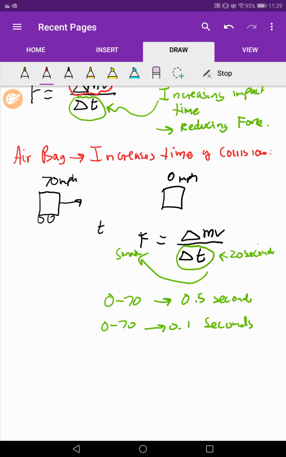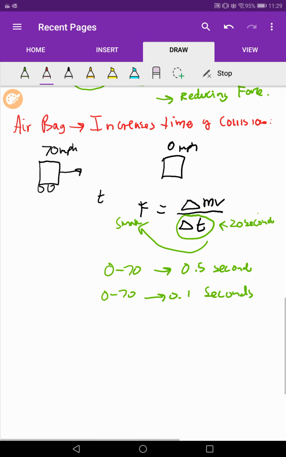Also, using SUVAT, we can go ahead and work this out. But first of all, I just want to make you aware of the difference between two words. You've got contact time and impact time.